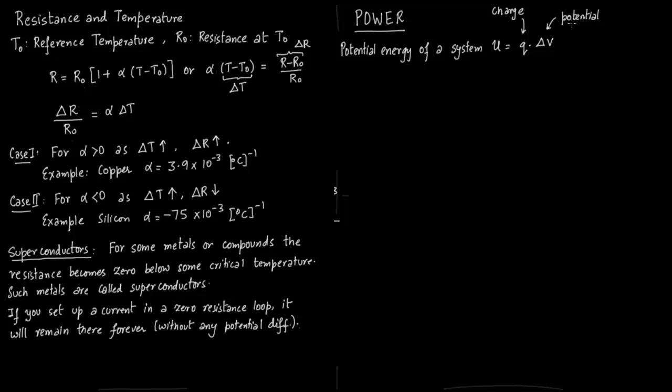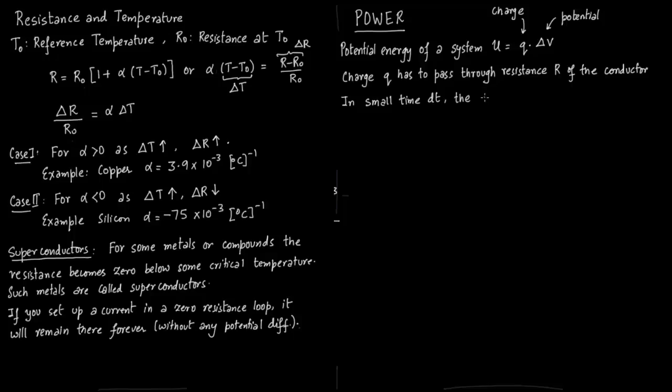Now this charge Q has to pass through some conductor. When it passes through a conductor which has resistance R, its potential energy will change. The potential will decrease when you pass through the conductor. You're going from higher potential to lower potential, but because of resistance there will also be some decrease in potential.